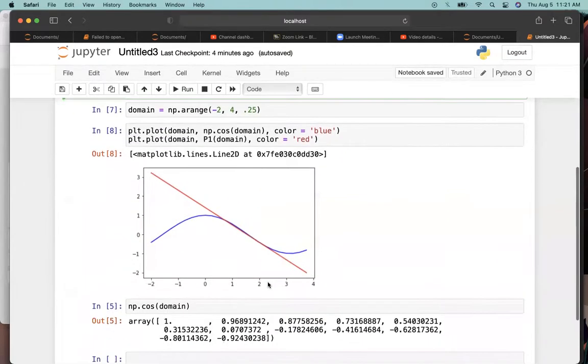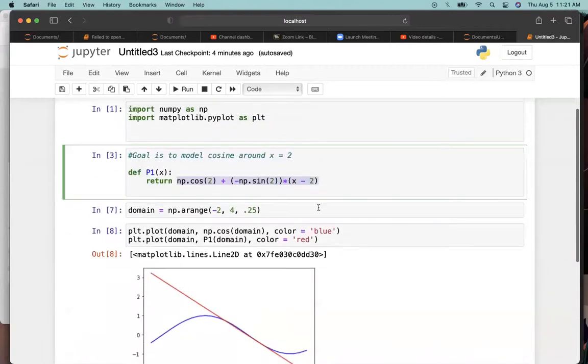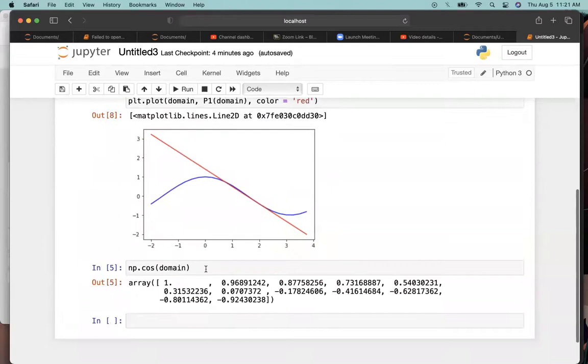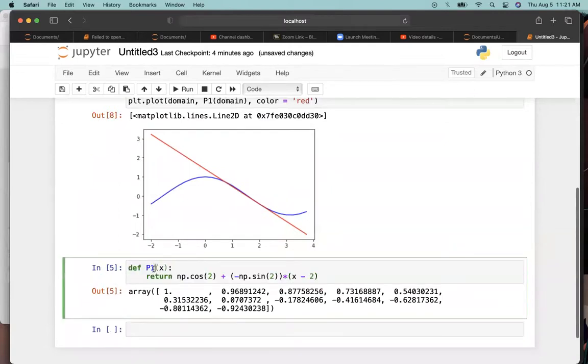So maybe let's make a second order approximation and see how well we do. If I copy that, I'll say P2. That remains the same, but now we need to look at the second derivative of cosine.